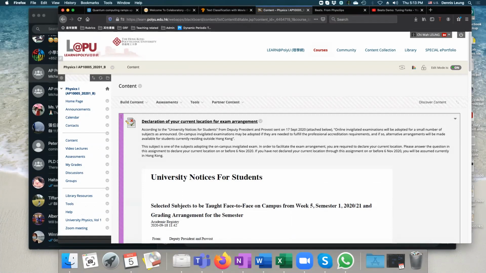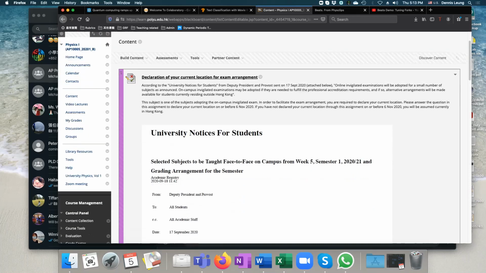PolyU has announced some time ago, in September actually, that some of the courses would be having invigilated examination, meaning that students have to come back to campus to take the examination in the exam hall.